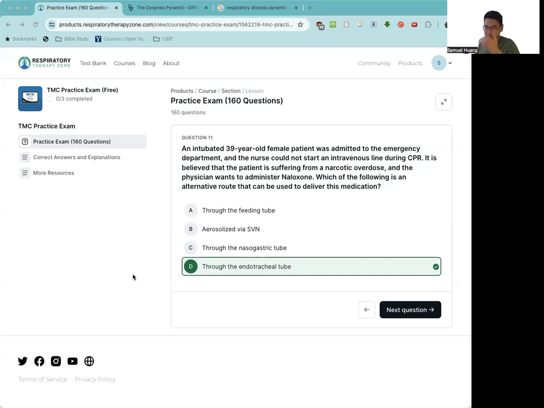When you're putting these medications down the ETT tube or any tube or anytime you give medications, even IV too, you have to remember that the tubing takes some of the medication. Some of the medication is bound to the tubing.